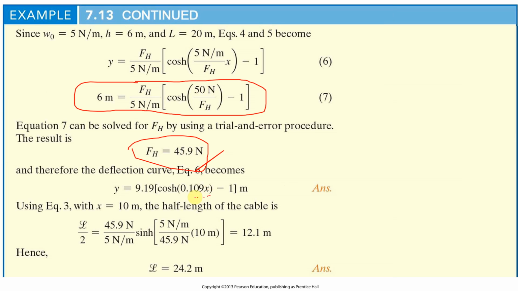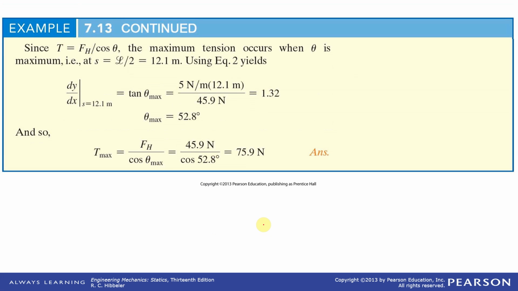And then we can make the substitutions for the deflection of the curve, the half length of the cable. We can find that, make all the different substitutions.